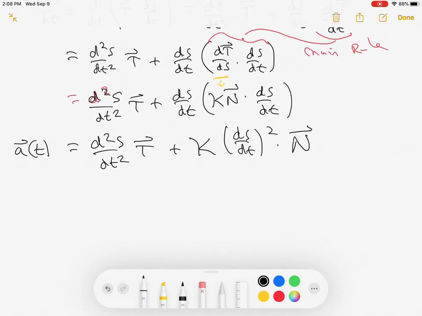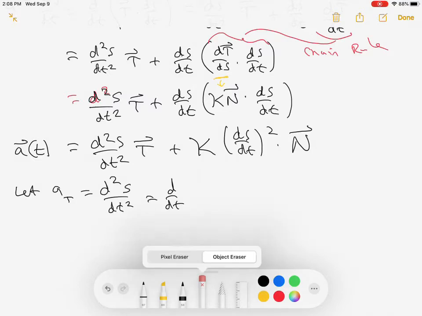So what we do here is we let a sub T equal d squared s/dt squared, which is the derivative with respect to t of the norm of v. Hold on, let me erase that here.